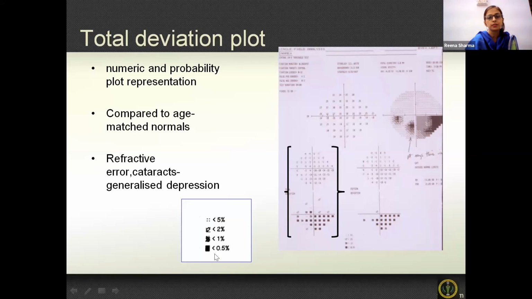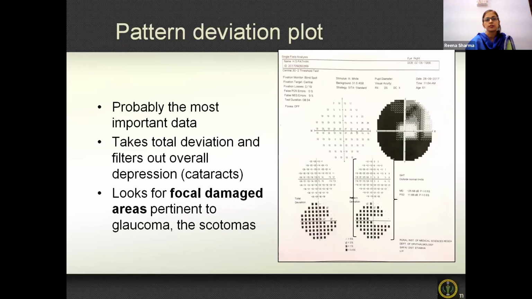A darker point is considered the most deviated part, and so is likely to be highly abnormal. This part of the visual field is affected by conditions that cause generalized depression, like refractive error and cataracts, which ideally should be corrected for before taking the patient for visual field examination.